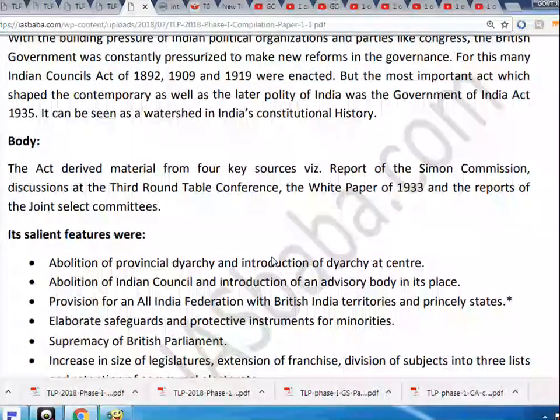Body. The Act derived material from four key sources: the report of the Simon Commission, discussions at the Third Round Table Conference, the White Paper of 1933 and the reports of the Joint Select Committees.